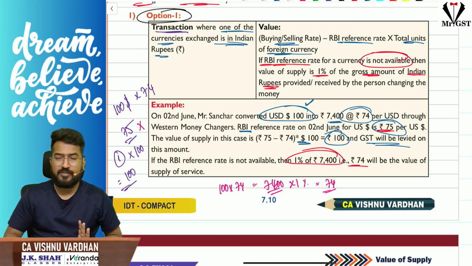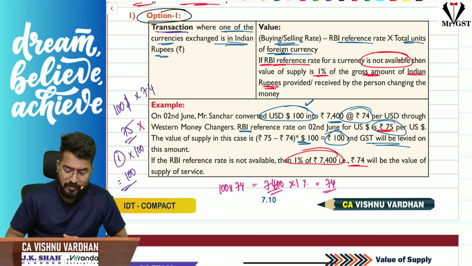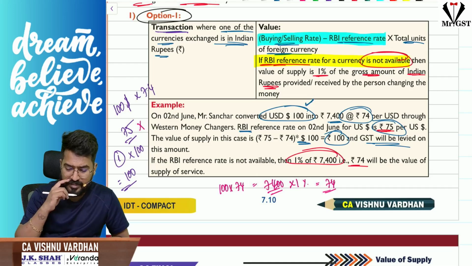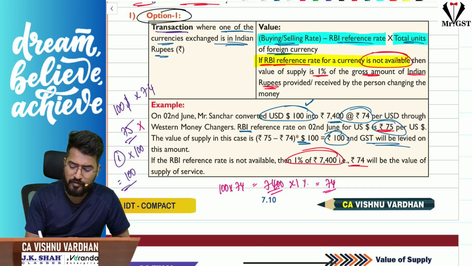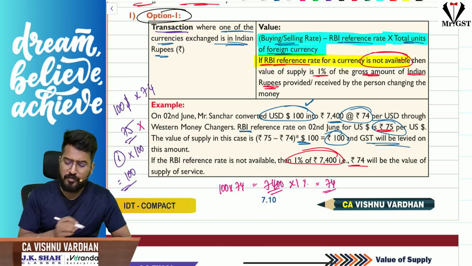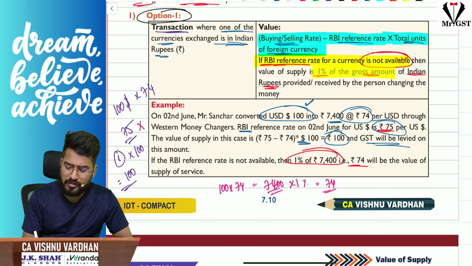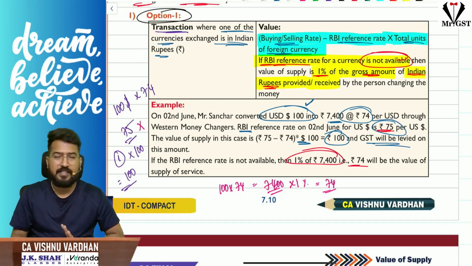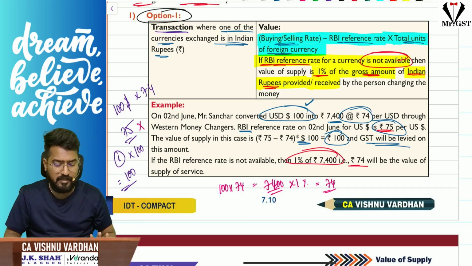If the RBI reference rate is not available, then 1% of the gross amount of Indian rupees involved in that transaction will be the value of supply. Hope it is clear for you.